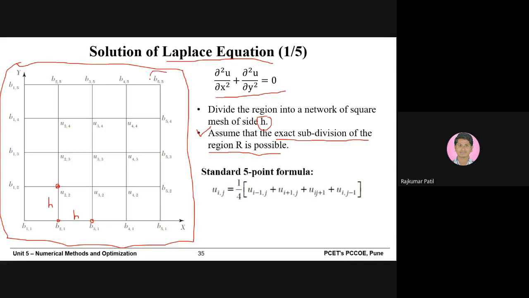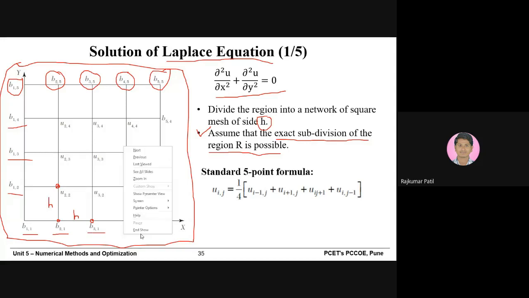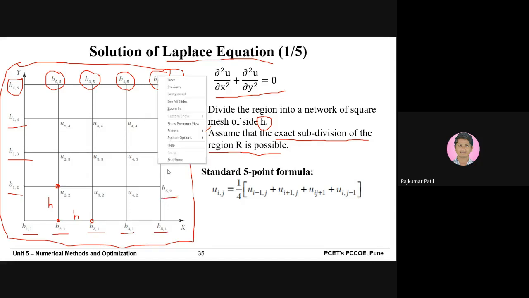In this, the boundary values are generally known to us, or we are going to apply the boundary conditions. You can see all the boundary values: B51, B14, B13, B12, B11, B21, B31, B41, B51, B52, B53.